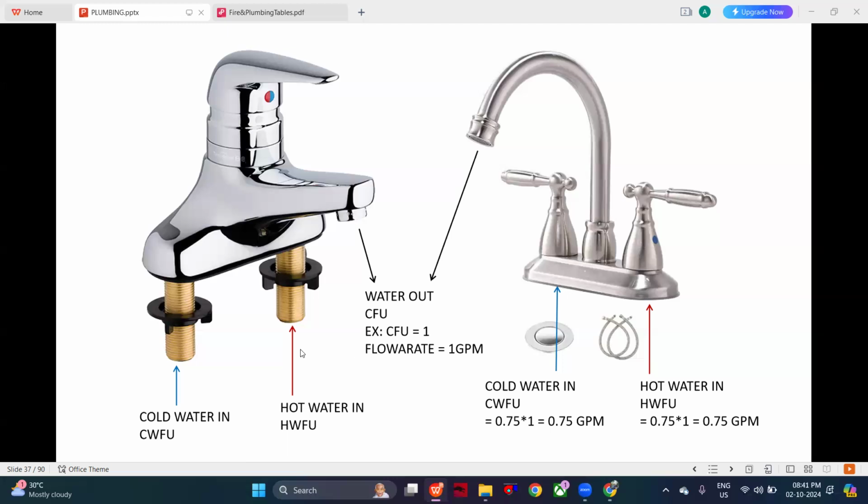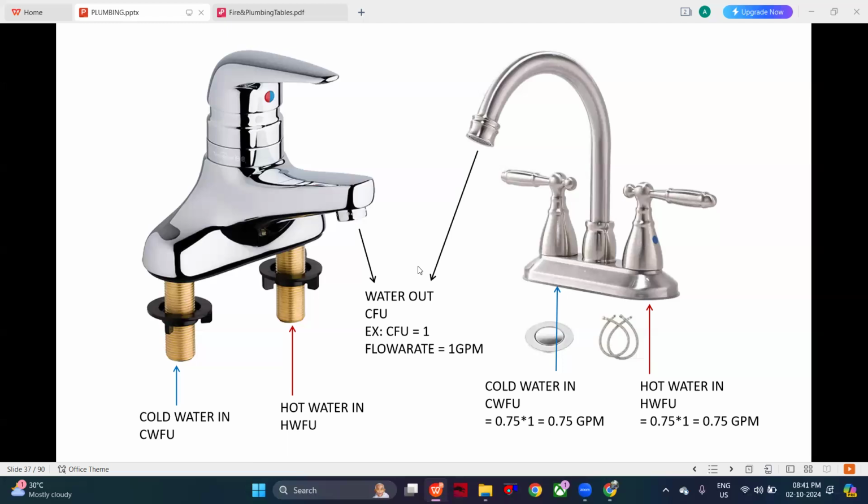Okay. Look here. The cold water is CWFU. For a laboratory, if you need two types of water, the cold water fixture unit flow rate will be 1 GPM.